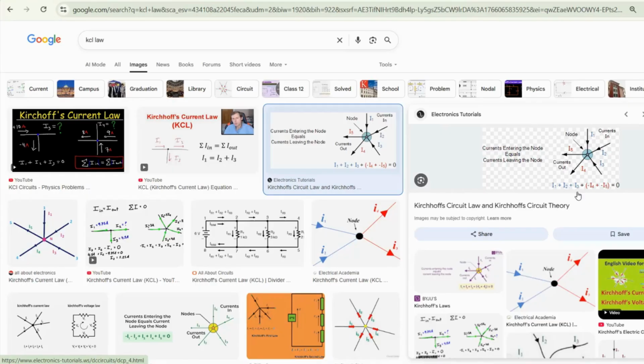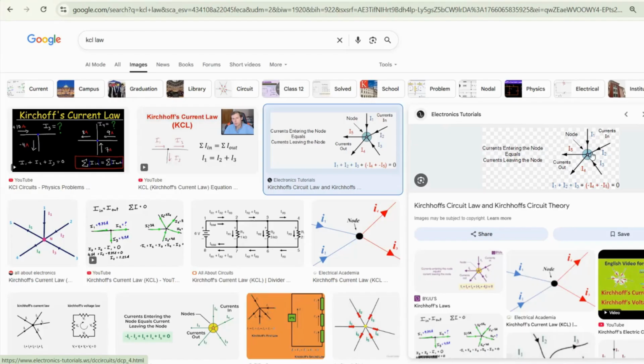Cleared? Yes, sir. You can define KCL in two ways. What is the first way? The algebraic sum of all the currents meeting at a junction point taken with proper sign is equal to 0. With the help of a diagrammatic representation, we can draw this diagram.